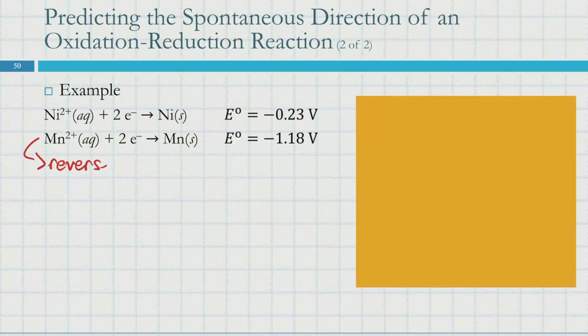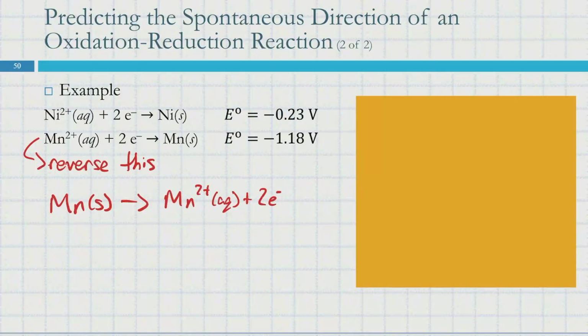So we'll reverse this manganese one. So manganese metal going to manganese 2 plus ion plus 2 electrons. And since we flipped it left and right, our standard cell potential also flips. So it's now positive 1.18 volts.